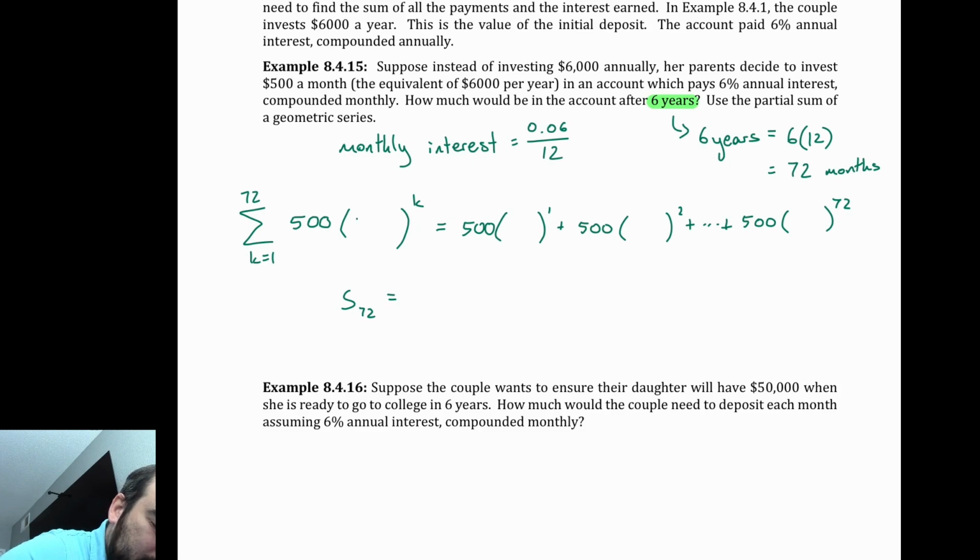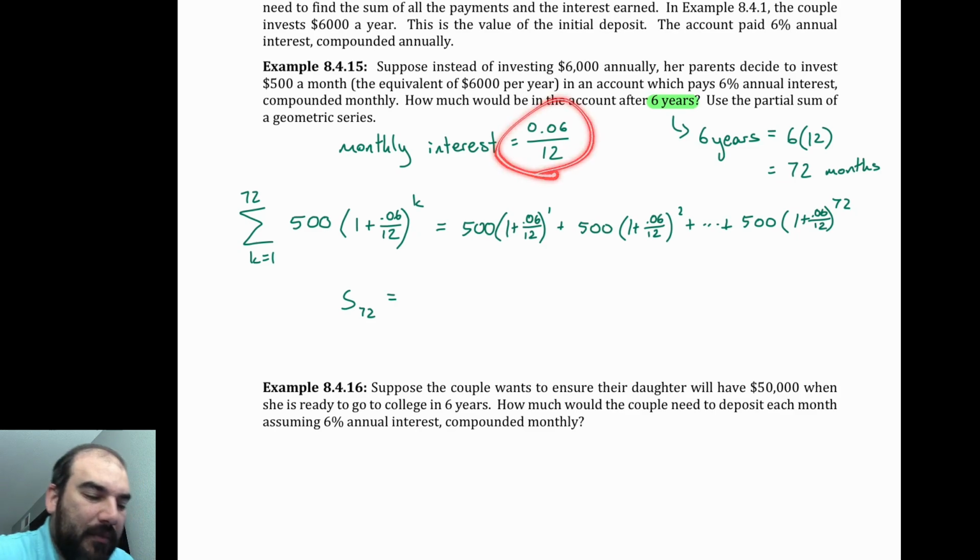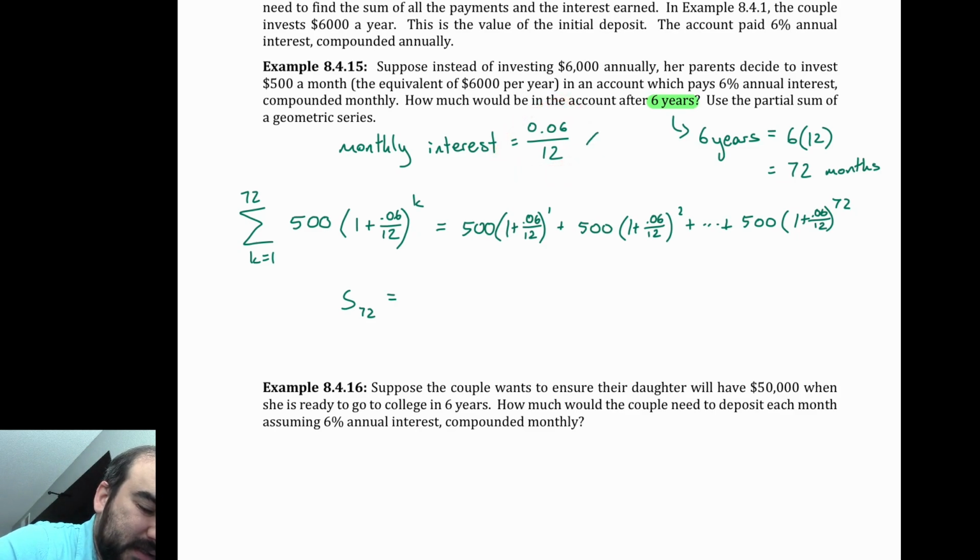How much would be in the account would be 1 plus 0.06 divided by 12. So if your interest percent is 0.06 divided by 12, then you actually end up with 1 plus that, because you also have the 500 that you put in, plus the interest that was earned. So if we do that, we get 502.5.